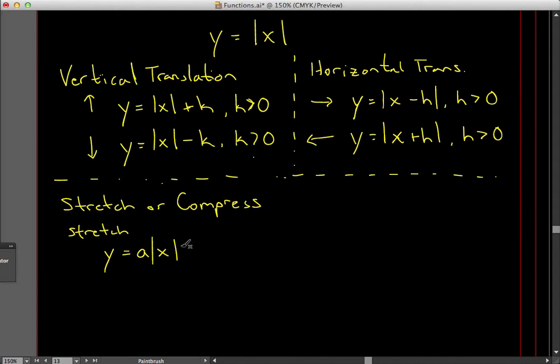So a times the absolute value of x, where a is greater than 1. Okay? And then if we were trying to recognize a compression, it would be our parent function y equals absolute value of x times a as well, a times the absolute value of x, where a is between 0 and 1. So where a is some fraction, some decimal between 0 and 1. That would actually compress our absolute value function. It would press it down.